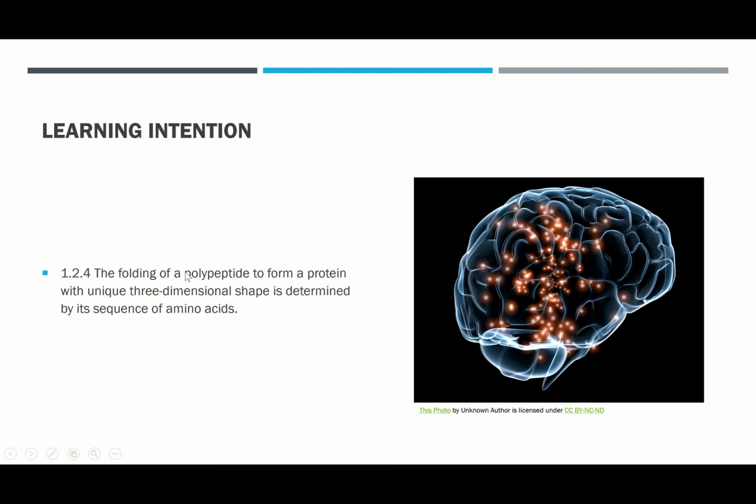1.2.4: The folding of a polypeptide to form a protein with a unique three-dimensional shape is determined by its sequence of amino acids. Now, this is something we have mentioned earlier, why DNA is basically responsible for the synthesis of protein.